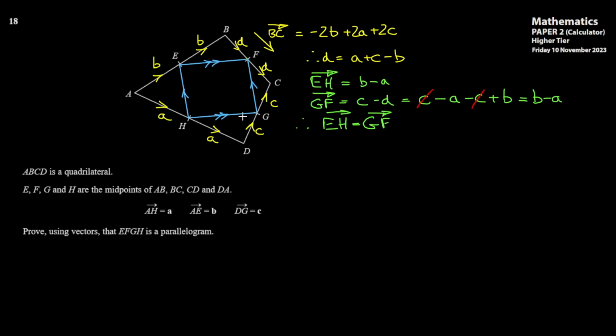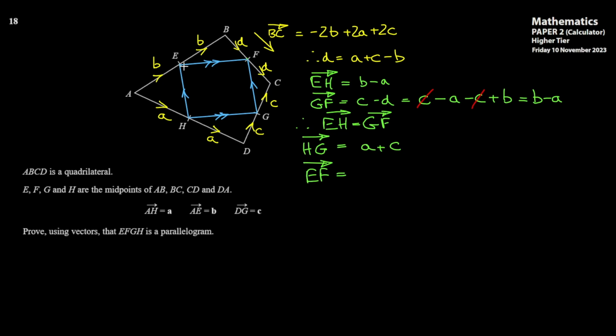We've now just got to do the other pair of vectors. So first of all, HG. HG, when I'm going along that way, is A plus C. And the other vector that we need to consider is EF.